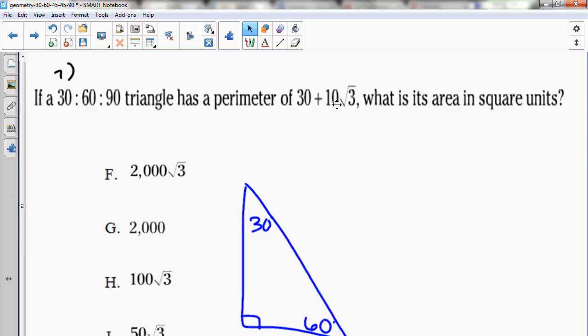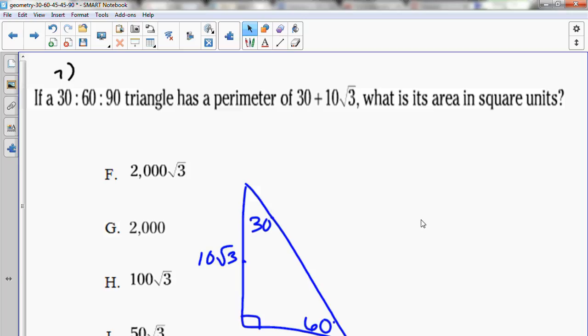The 10 square root of 3. Where did the square root of 3 usually end up being? On the long leg, right? So this is probably right here. The long leg, which would be this one, would be probably 10 square root of 3. Now, if I'm wrong, I can adjust it. I'm just kind of guessing right now.